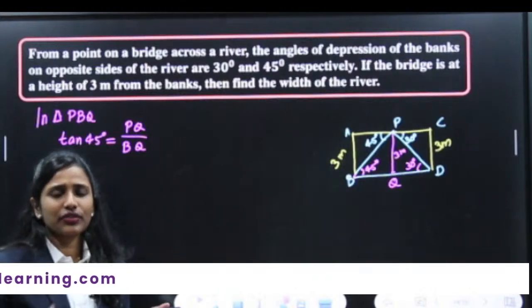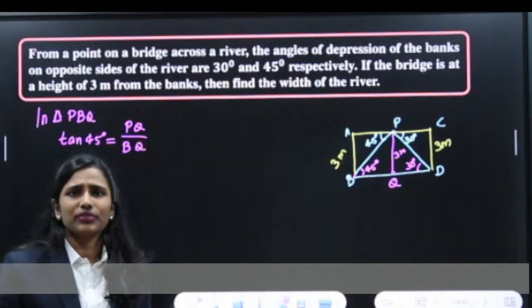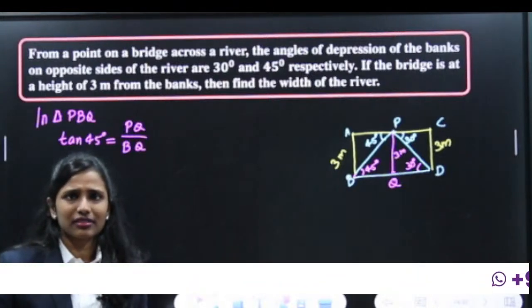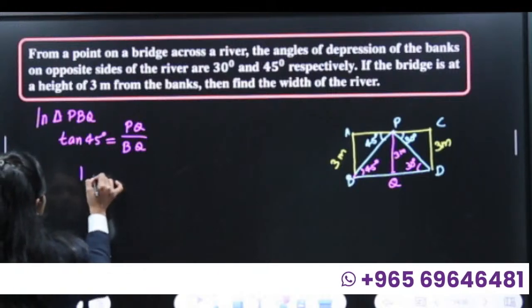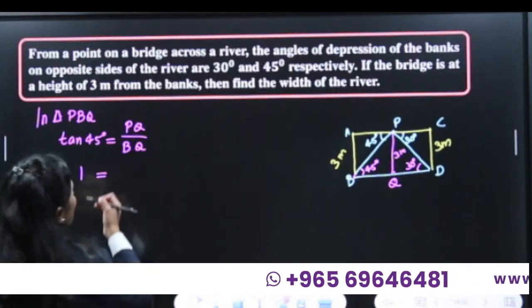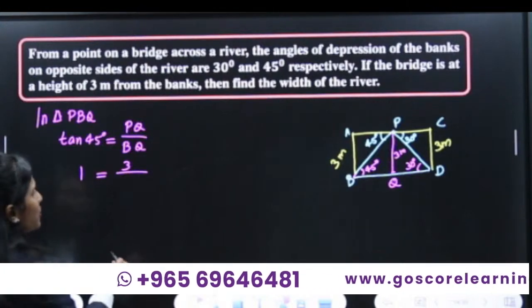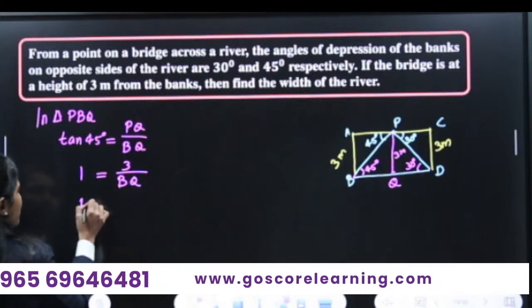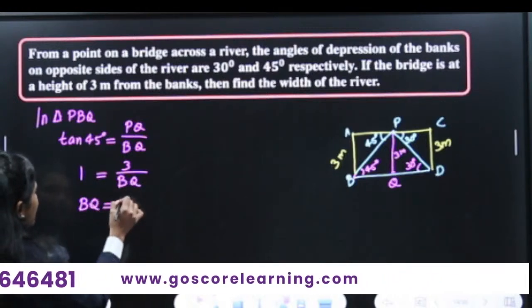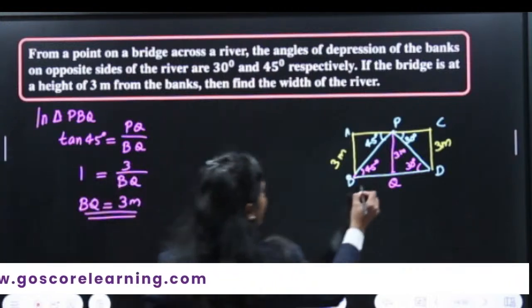What is the value of tan 45? Tan 60 is root 3, tan 30 is 1 by root 3, then what is tan 45? It's 1. Don't forget all these ratios. So PQ is 3 and BQ, we don't know. We can find it. By cross multiplying, BQ is equal to 3 meters.